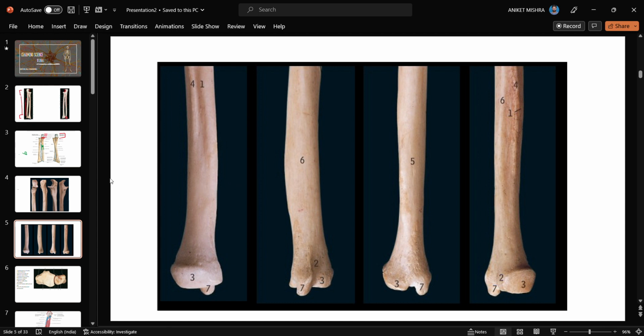The head articulates with the ulnar notch of the radius to form the inferior radioulnar joint, and it is separated from the wrist joint by the articular disc. The ulnar artery and nerve lie on the anterior aspect of the head of the ulna, and the styloid process projects downwards from the posteromedial side of the lower end of the ulna.